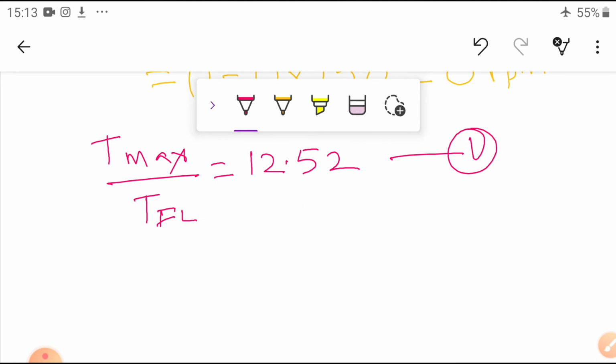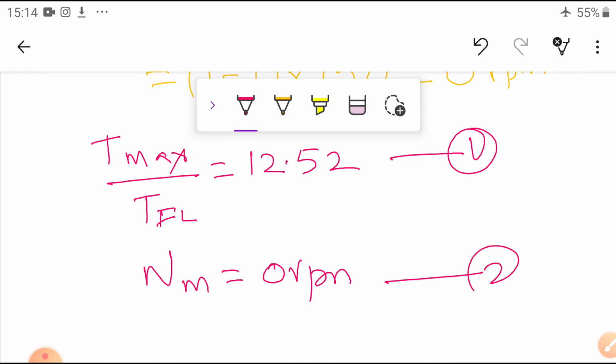Second answer, Nm, the speed at which maximum torque occurred is equal to 0 RPM. Okay, this is the second case. The problem is simple. So dear students, please remember the formulas. Okay, let us do another problem also.